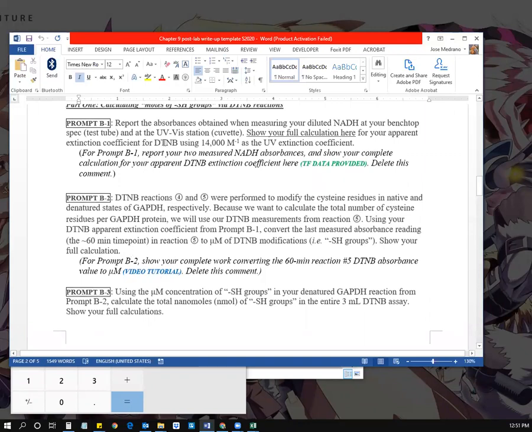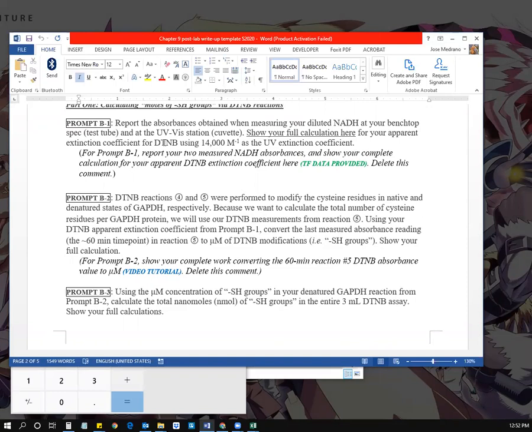So for prompt B1, just as an aside, we don't have a DTNB standard that we can measure at our benchtop spectrophotometers with our glass test tubes and measure at the Cary 60 UV-Vis with our UV cuvettes. We just don't have anything like that because of the way that DTNB works.